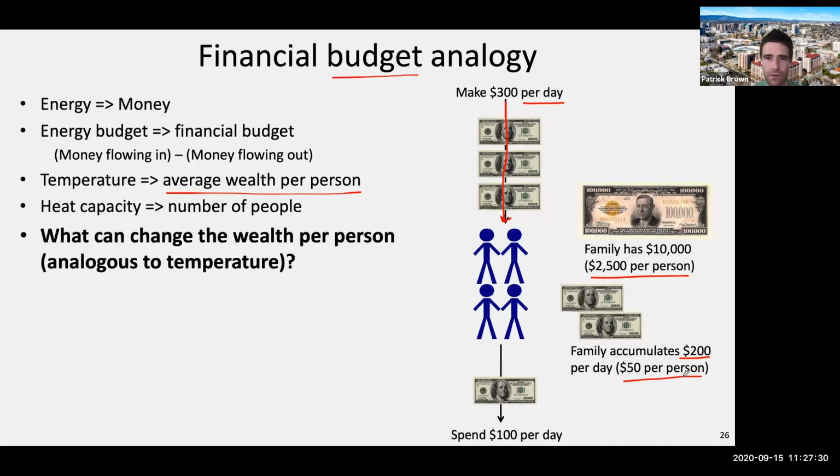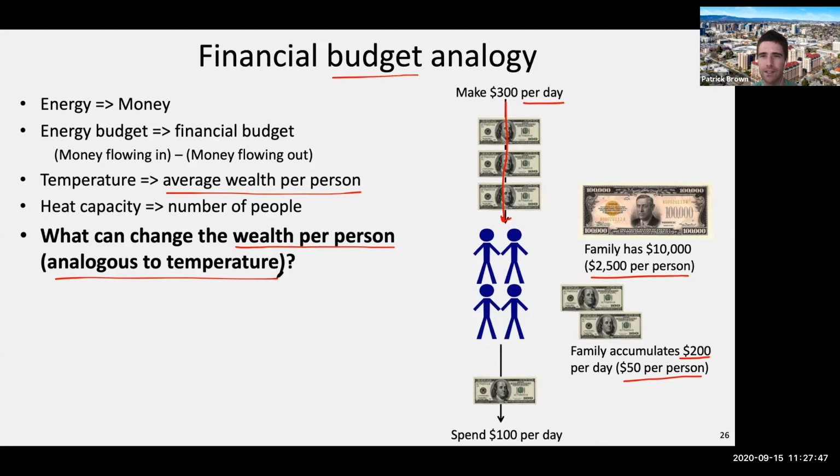So if we're thinking about wealth per person as analogous to temperature, there's only 3 ways to change the temperature, or to change the wealth per person. And so what are those?